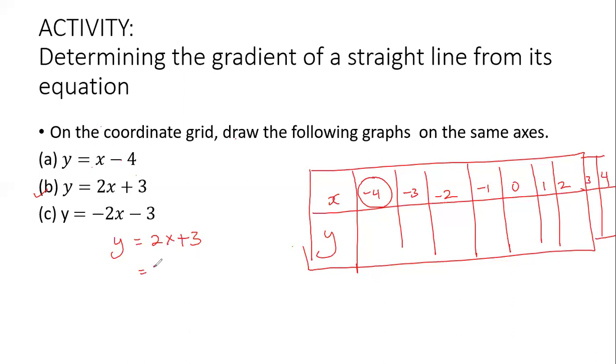So I'll say 2 times -4 plus 3. 2 times -4 is -8, plus 3. What do we end up with? -5. Thank you, Audrey. Okay, people have finished this one.